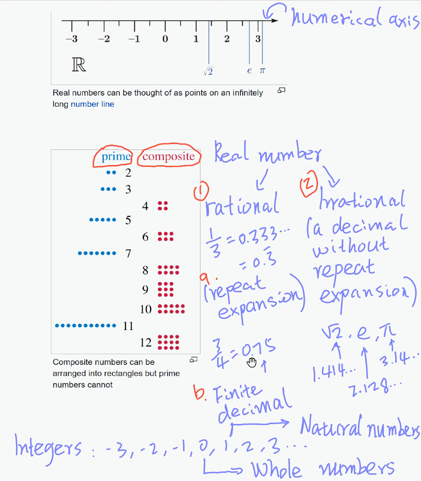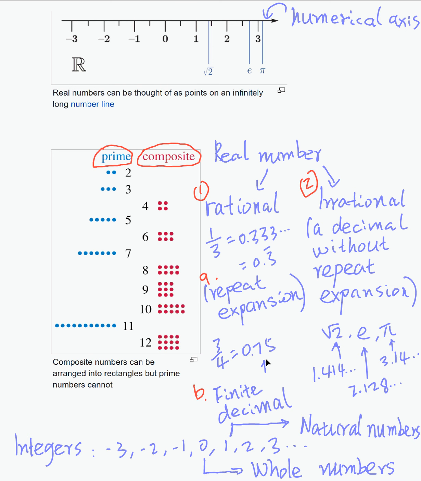And then there are finite decimal numbers. If you do 3 divided by 4, you know that's 3/4, which is 0.75. Where is 0.75? Like we did for 1/3, for 3/4 you divide from 0 to 1 into 4 parts, and then you choose 3 parts. So roughly it's around here, 0.75.